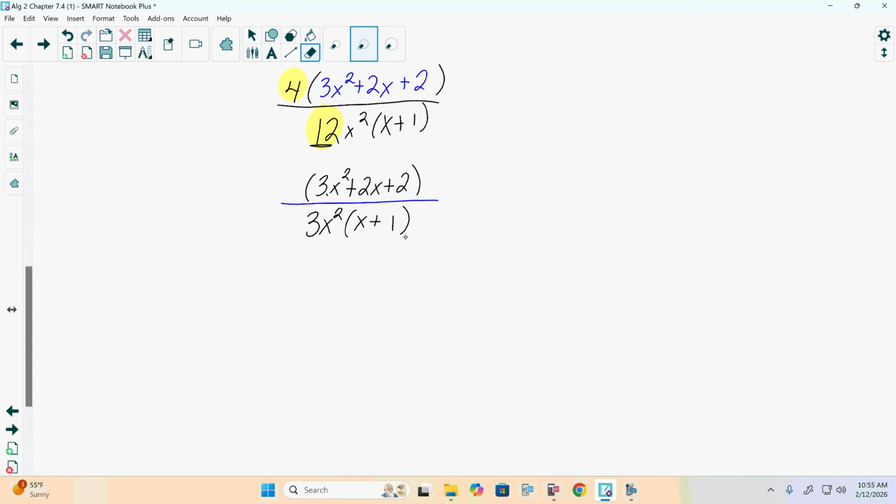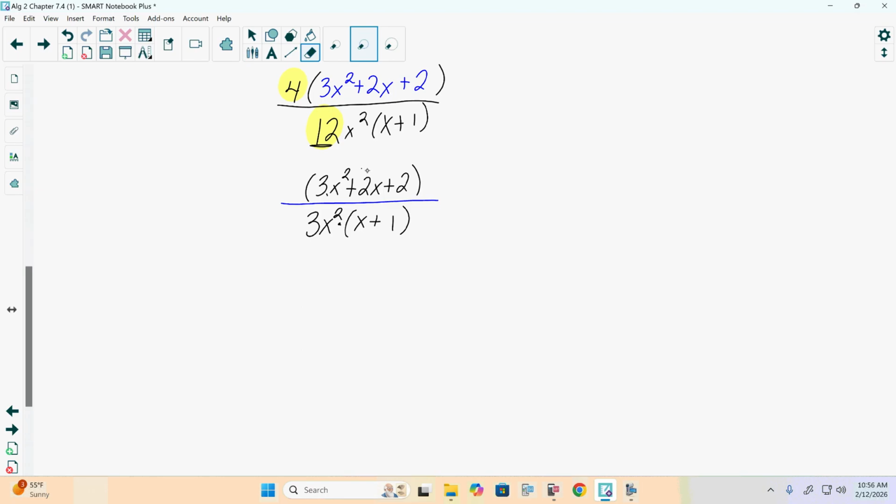The plus. The 2x plus 2. Because it has addition between the 3x squared, 2x, and 2 on top, it's saying that whole expression is one term. It's stuck together. The 3x squared on bottom is being multiplied, so I could do simplifying with it. But since the 3x squared on top is being added to the 2x and 2, I can't just cross them out because of that. Does that make sense?